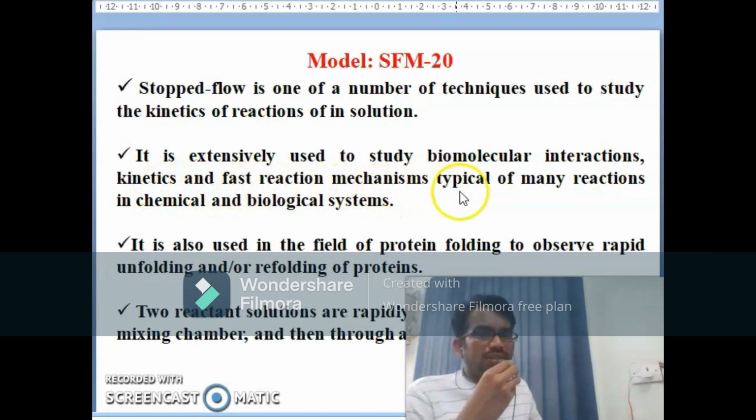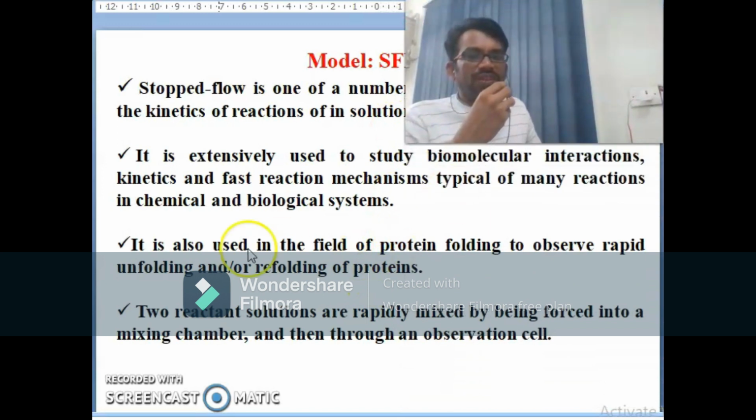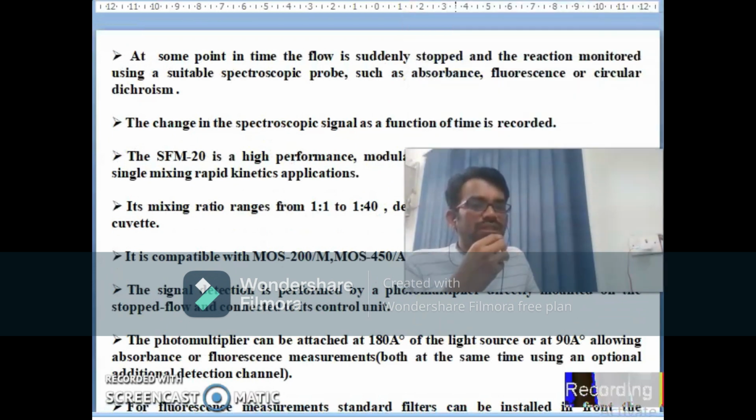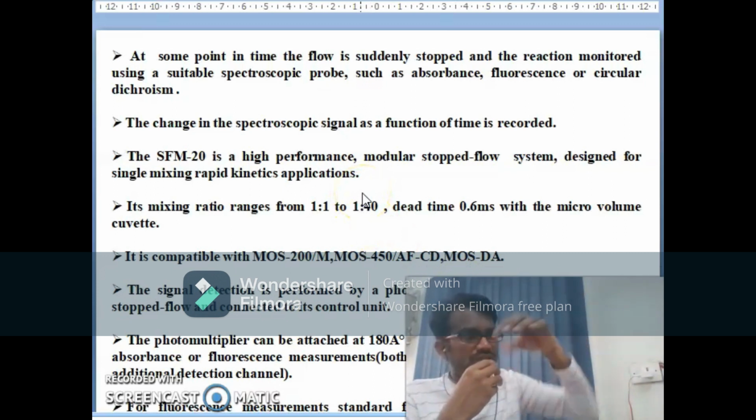Stopped-flow techniques are very applicable to kinetics and fast reaction mechanisms of many reactions in chemical or biological systems. It is also used in the field of protein folding and to observe rapid unfolding and refolding of proteins, as we already discussed on the previous slide. Two reactant solutions are rapidly mixed by force into the mixing chamber, then pass through to the observation cell.